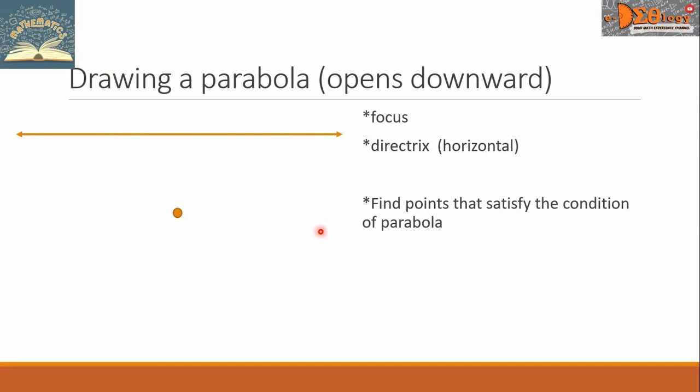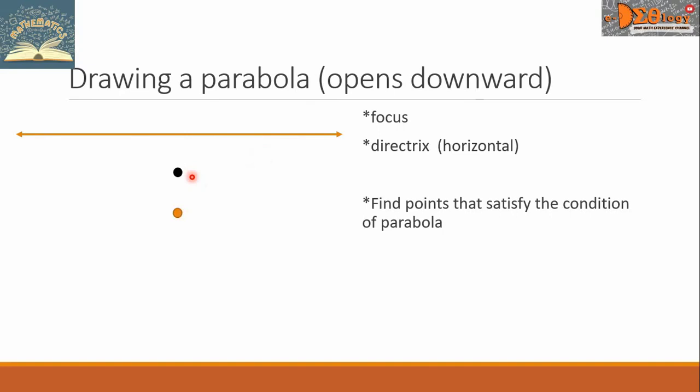Now let us find points that satisfy the condition of parabola. It means those points that are equidistant from this point and this line. The first point that we can consider is the point between this point and this line.